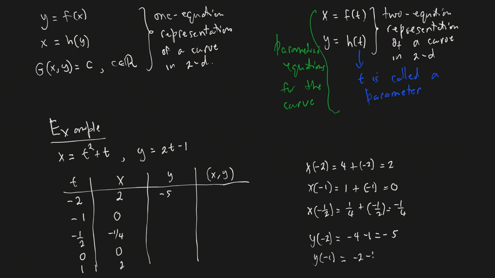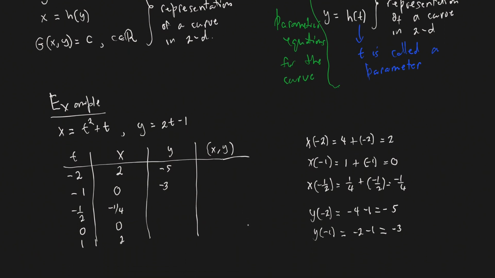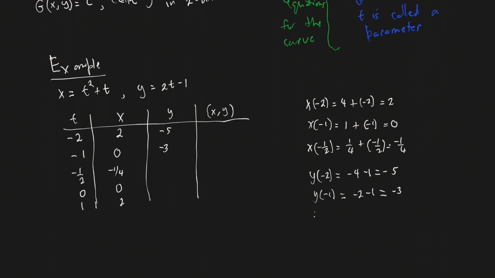We get -2 minus 1, that's -3. And then y of -1/2 will be -1 minus 1, so that's -2. When I plug 0 in, I get -1. When I plug 1 in, I get a +1.